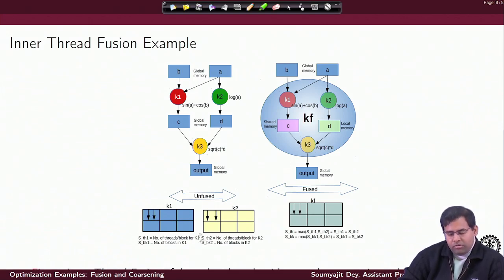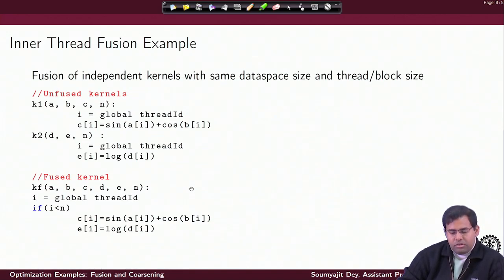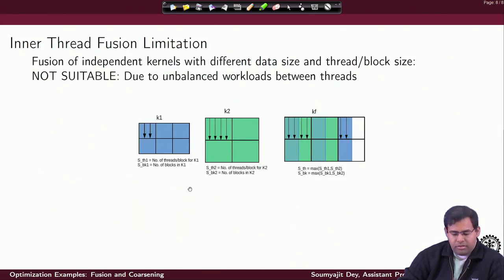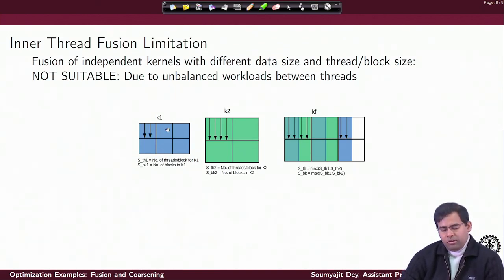But now, as we have understood what is the implication of differences among even independent kernels. So this was my picture of independent kernels getting fused, where they have differences in number of blocks as well as threads per block. So we understood what is the issue here.